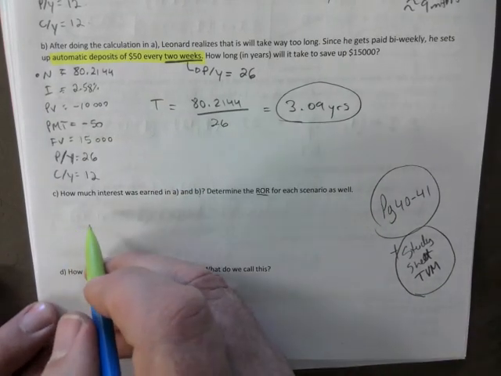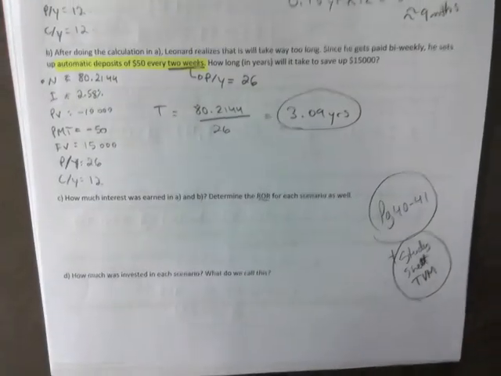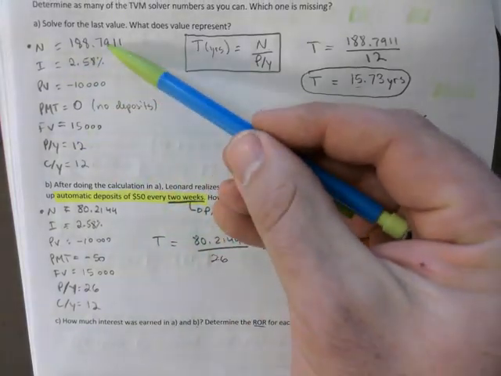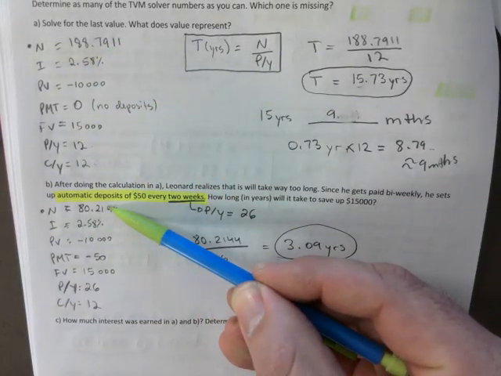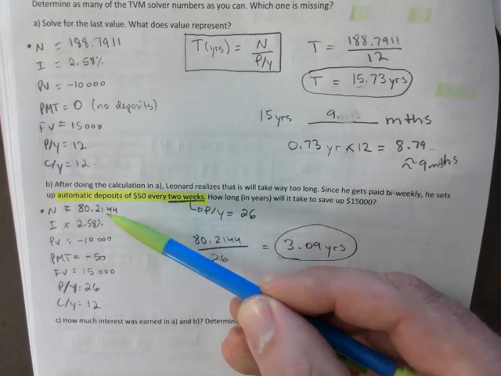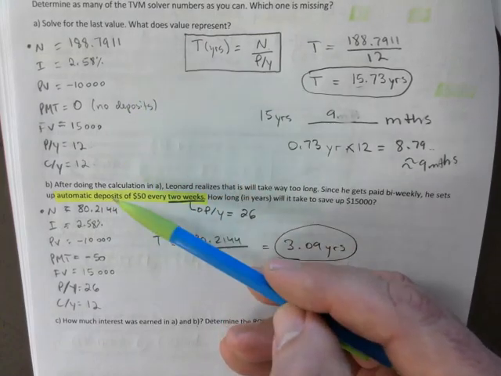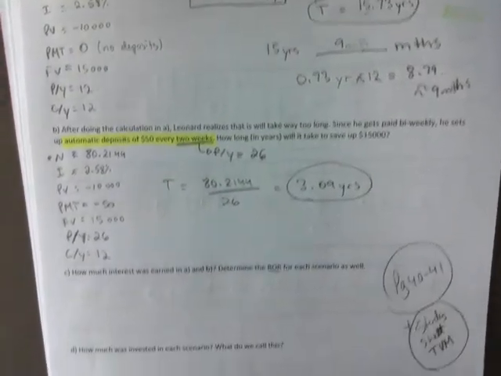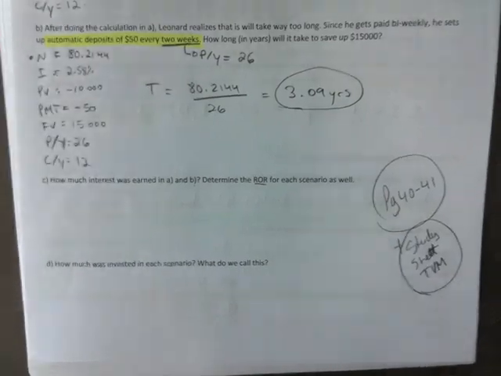Can I use sum of interest to figure out the interest here and here? The answer is no, because your n is a decimal. So you have to use the formula I just gave you. Let's do that here.